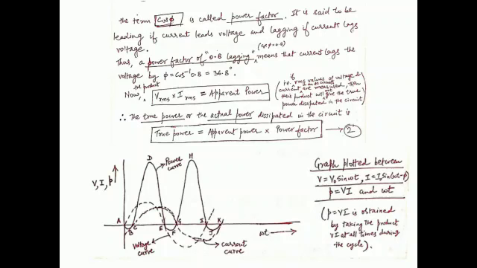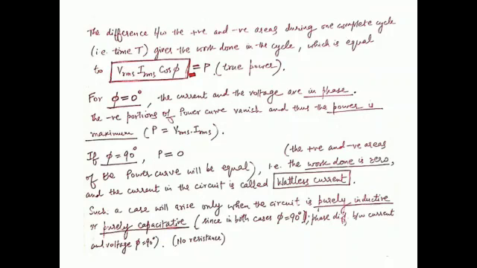The difference between the positive and the negative areas during one complete cycle, that is time T, gives the work done in the cycle, which is equal to V rms times I rms times cos phi, equal to capital P, or what we call the true power or the actual power.